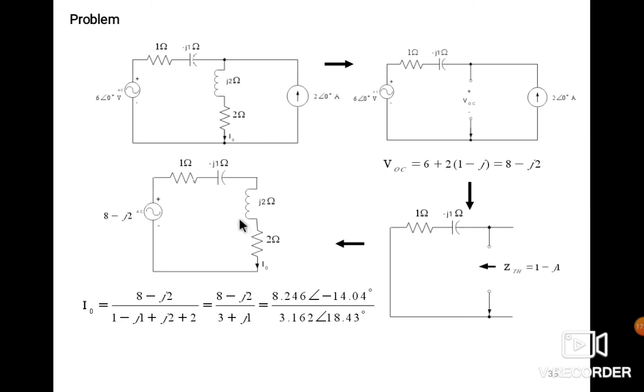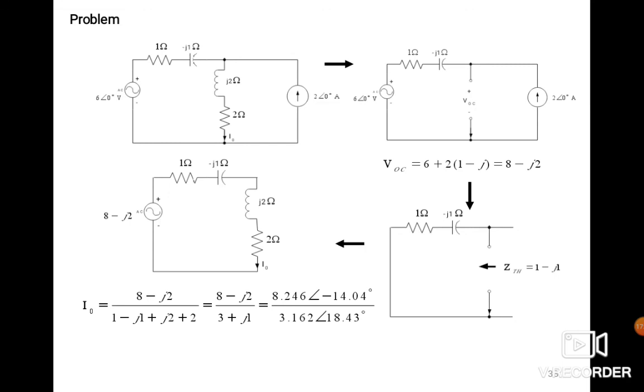So connect all these things and calculate the load current by using the simple I is equal to V upon R. So total V is 8 minus J2, and R means the impedance. These two impedances are in series. So connect this in series and find out I load. So I load becomes like this. This is the load current for the AC circuit.